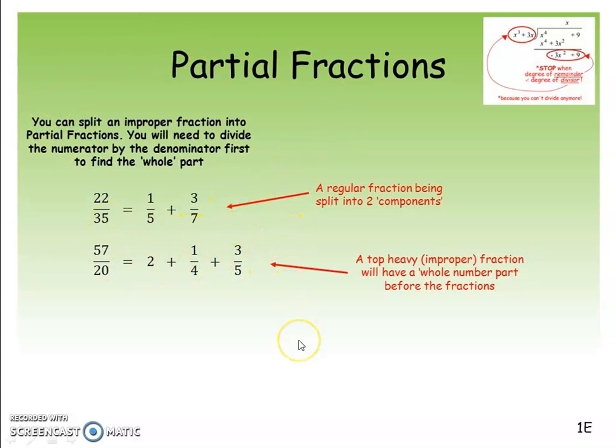In all these examples, always remember that if the degree of the numerator polynomial is less than the degree of the denominator polynomial, it is called proper, and if the degree of the numerator is greater than the degree of the denominator, it is called an improper fraction.